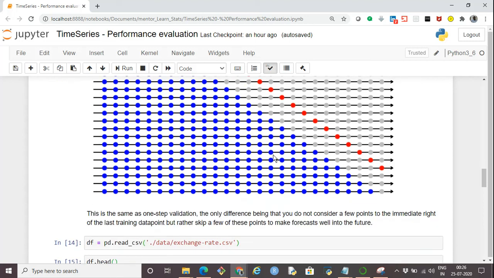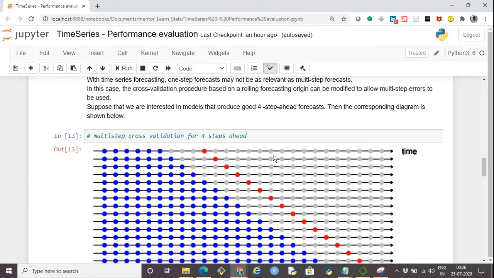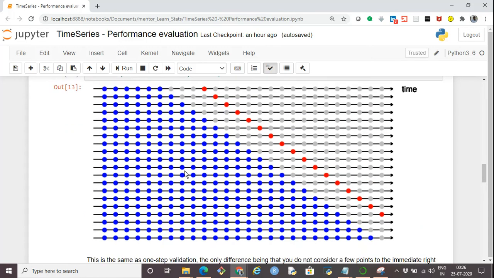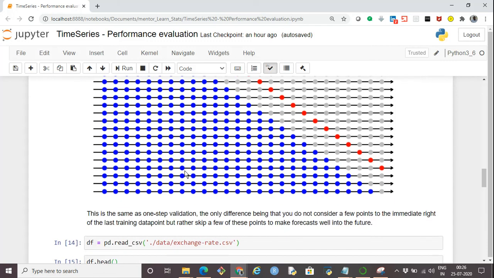So this multi-step validation allows us to forecast n steps ahead. Basically this is the same as one-step validation. The only difference is that we don't consider a few points to the immediate right of the last training data points, but rather we skip a few of those points to make a forecast well into the future.